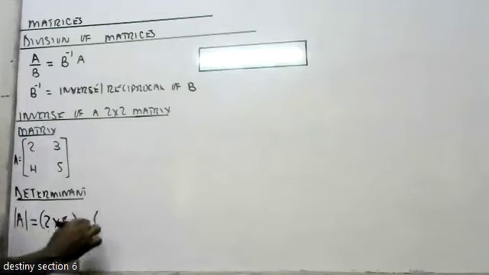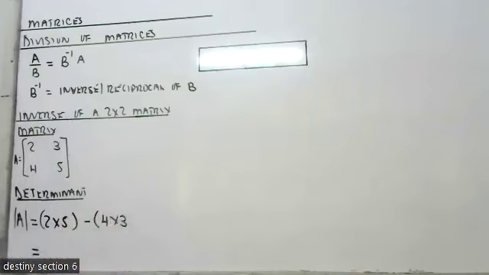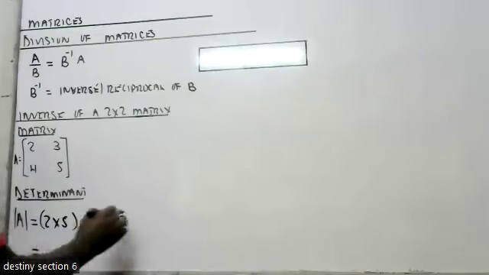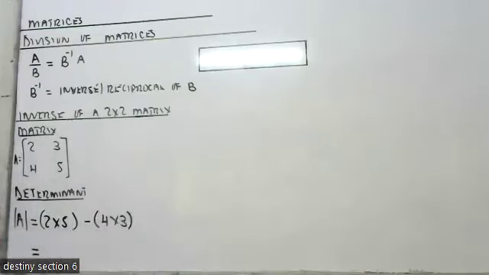You subtract the minor diagonal, that is 4 times 3. So give me the answer. 2 times 5 minus 4 times 3 is equal to what? Minus 2. Negative 2. That is the determinant.